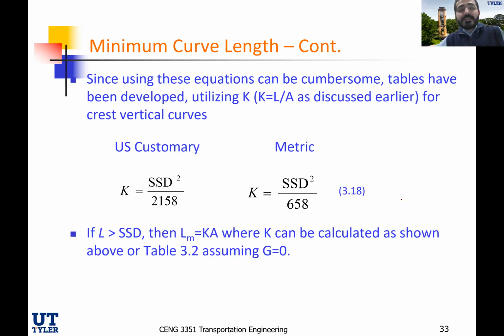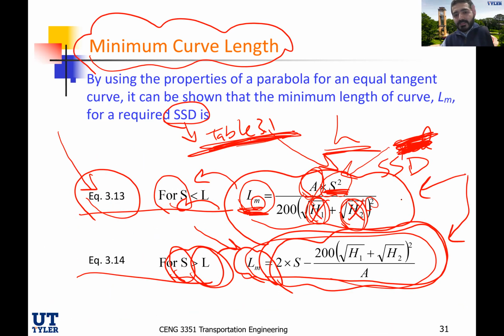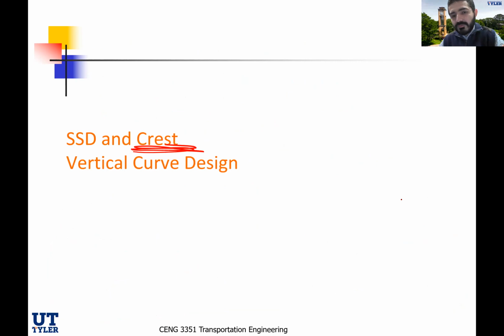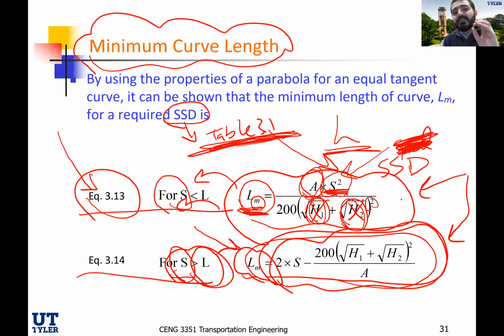The third simplification. Again, these are one simplification at a time. So this is the general equation. If you really know exactly what H1 and H2 are, you need to apply this equation. If I give you specific H1 and H2 in the homework or an exam, you need to use these equations.